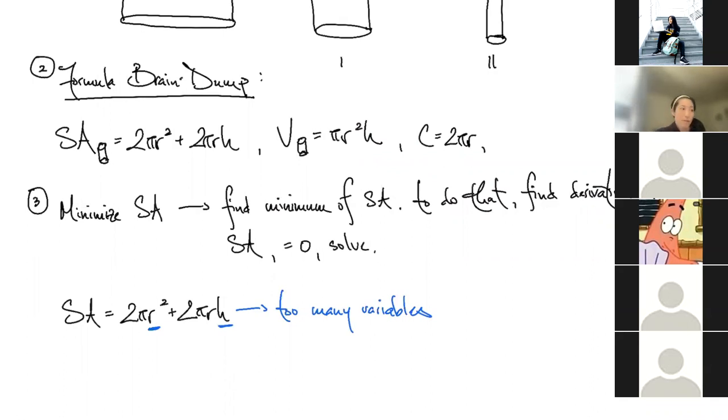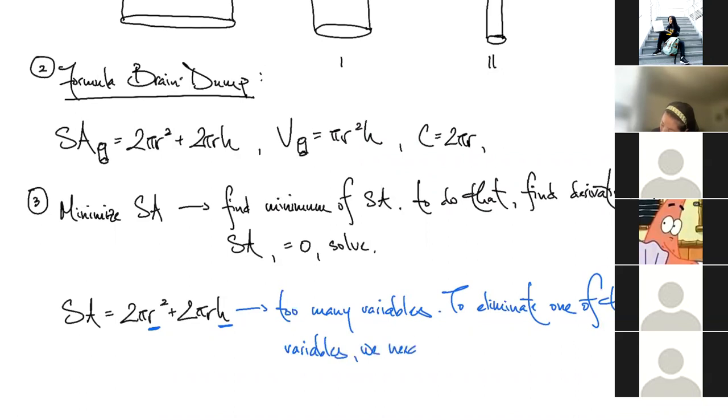Because we have too many variables, we want to think about how in the world we can get rid of one of those variables. To eliminate one of the variables, we need an equation that relates R and H.